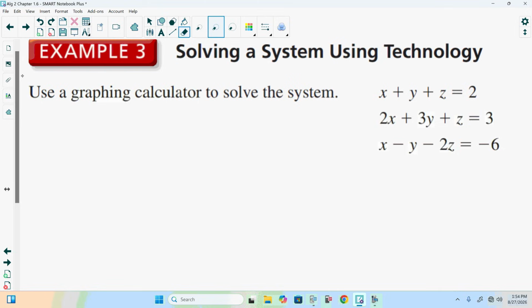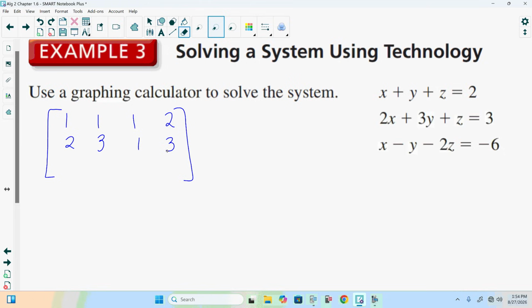Now the first thing we need to do is write the augmented matrix for this system. If we look at the first row, we have x plus y plus z equals 2. So the first row would be 1, 1, 1, 2. Second row, 2, 3, 1, 3.